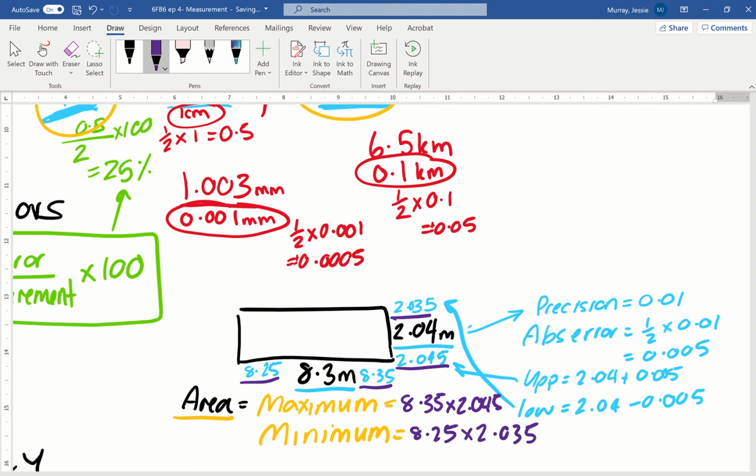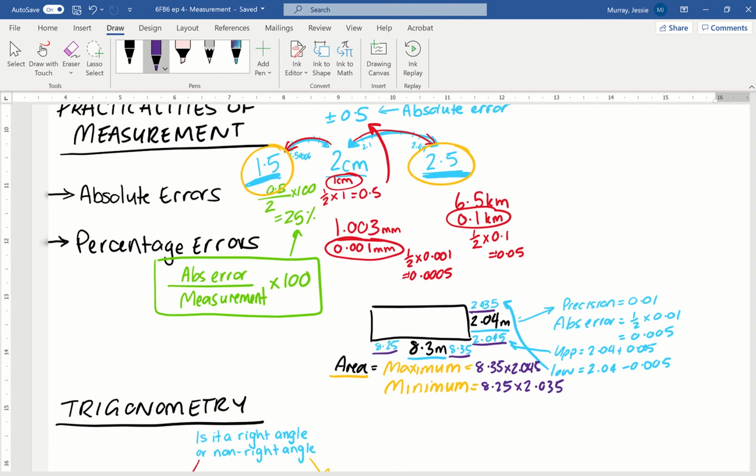Okay, so depending on whether they ask what is the maximum possible area or what is the minimum possible area, that's where you do it. So always break it up. Do the minimum and maximum of the length and the breadth first, then times them. Don't times the 2 numbers and then do your minimum and maximums. Okay, tough question though, that one. All right, let's keep going.